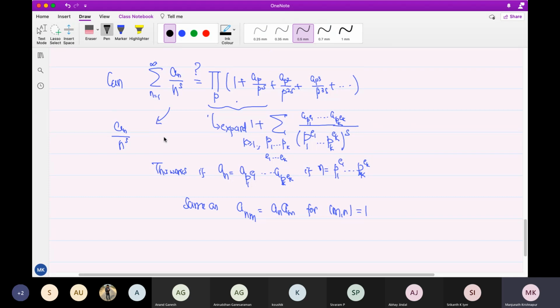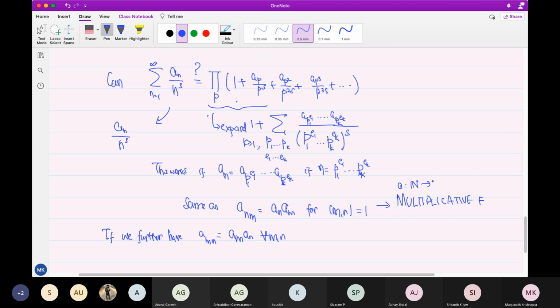But before going further, before telling what works, let me observe another thing. If we further have a_{mn} equal to a_m a_n for all m, n, then this property is called multiplicative. This is the more common one that occurs in number theory. So you say a is a multiplicative function, from natural numbers to, in general, complex numbers.